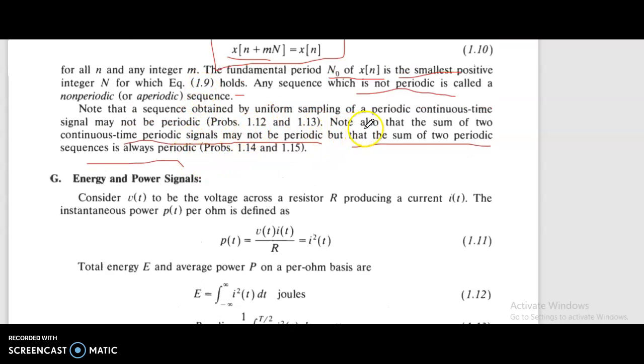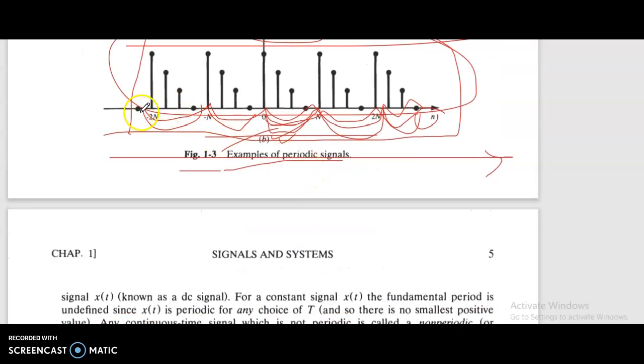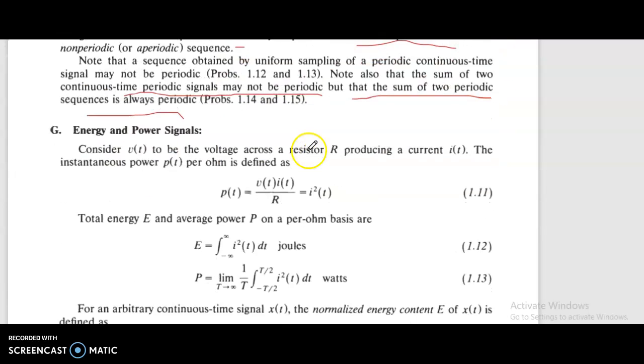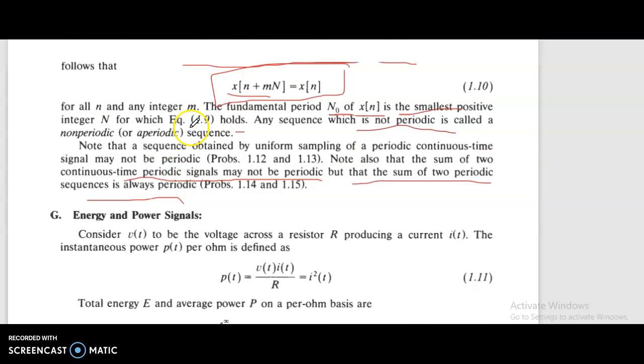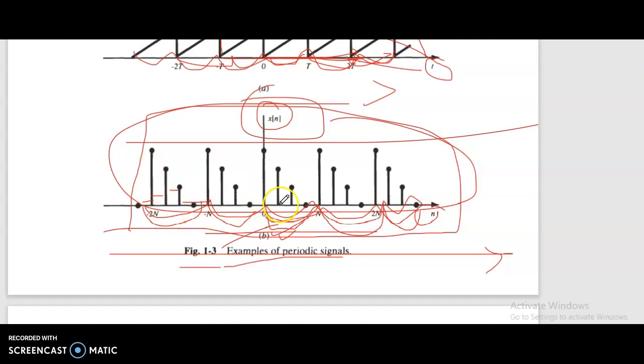Note that a sequence obtained by uniform sampling, this is uniform sampling, here to here, the same time. Uniform sampling of a periodic continuous time signal may not be periodic.